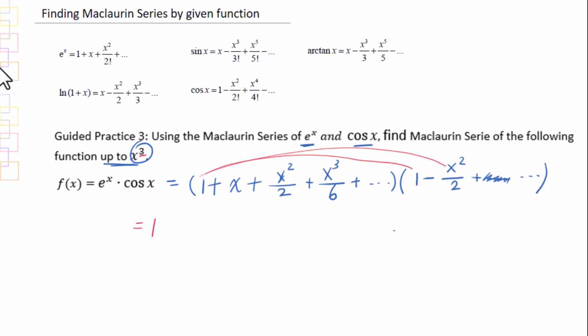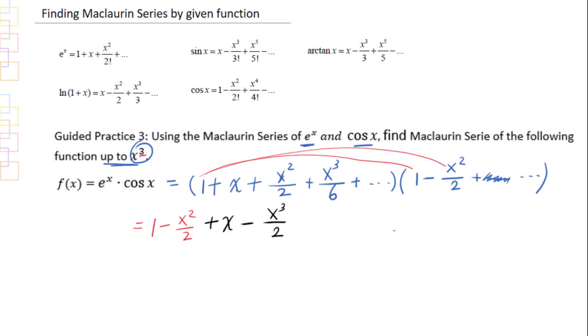Equals 1 minus x squared over 2. Then we go to x. x times 1 is x. x times negative x squared over 2 is minus x to the third power over 2.